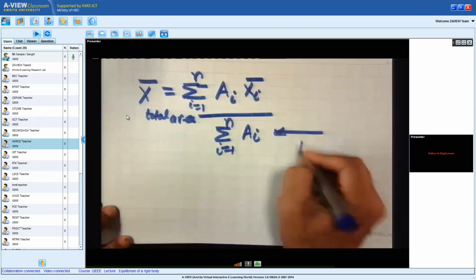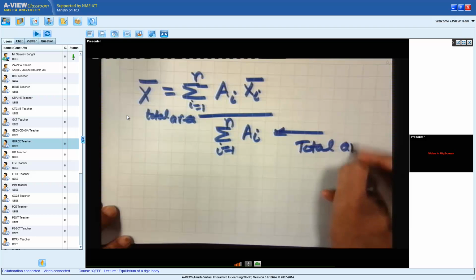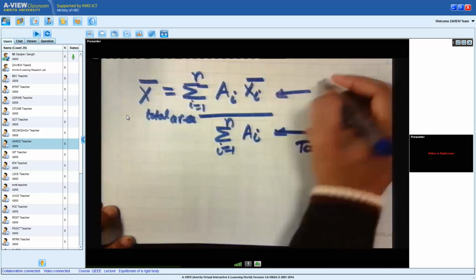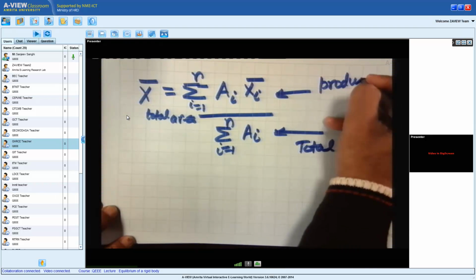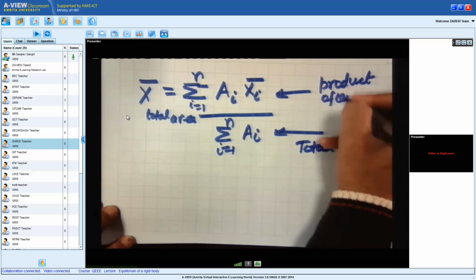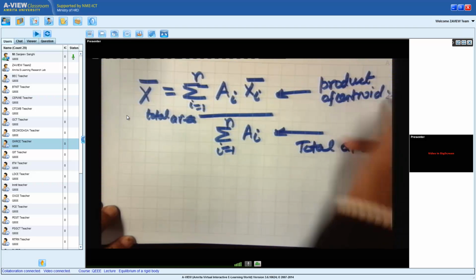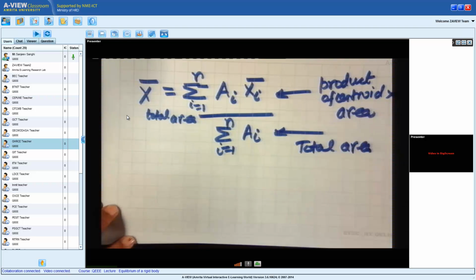So this is the product of centroid multiplied by area and summation of all those. So this is the formula for the composite centroid.